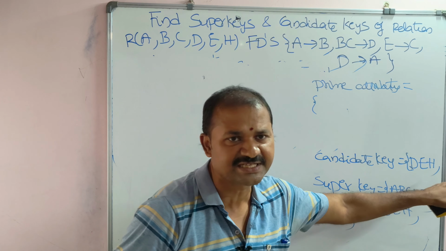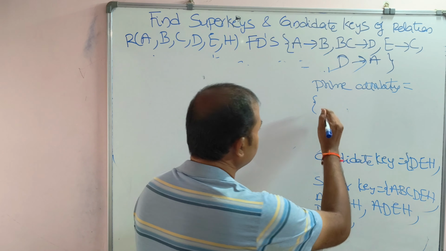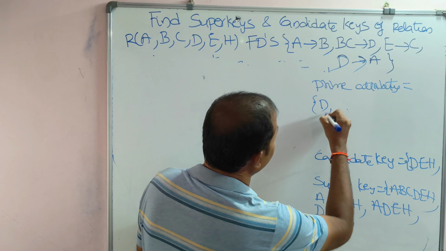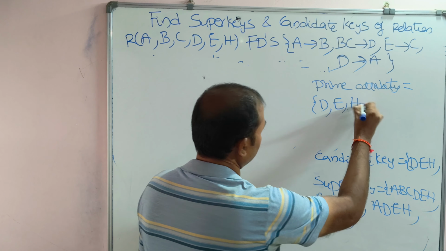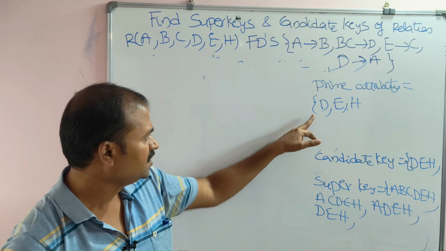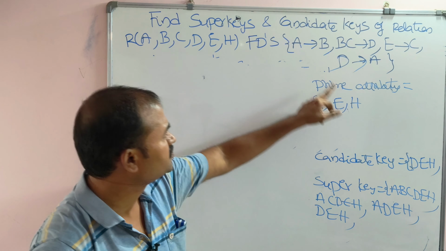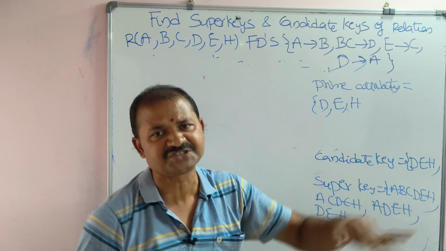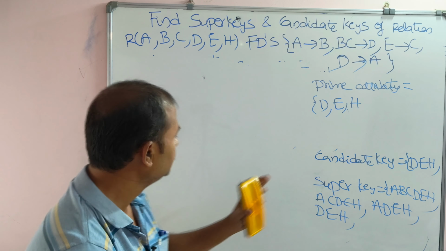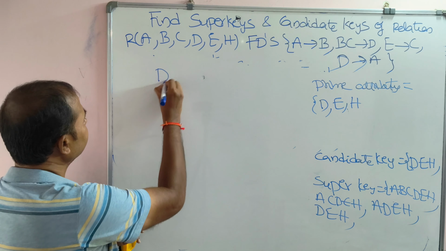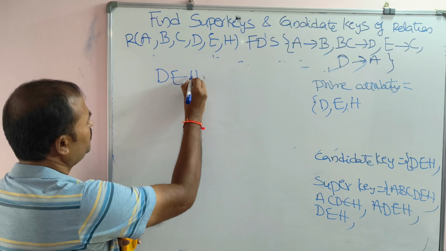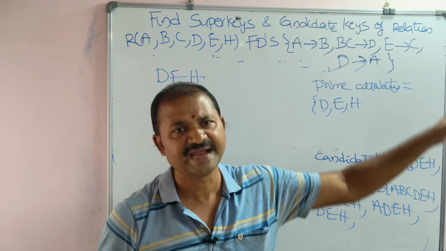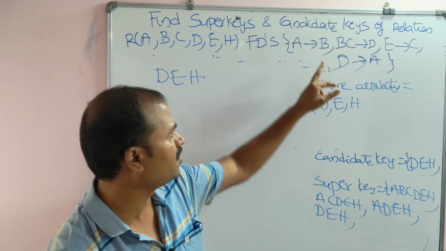So here DH is the candidate key, and the attributes which are part of the candidate key are D and H. Now we have to check whether these attributes are available at the right hand side of the functional dependency or not. First let's check whether D is available at the right hand side of the functional dependency or not.